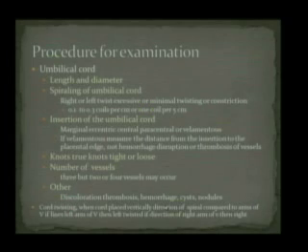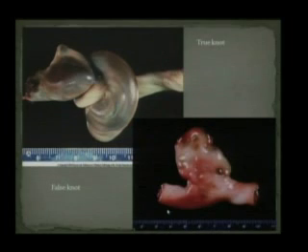You just put the umbilical cord, doesn't matter which end is proximal facing you or distal, and then you look at the lines. If you make a V and the lines are going this way, then it's a left-handed twist on the side of the V. If the lines are going this way, it's a right-sided one, and it will work whether it's proximal or distal. So, easiest way I found of doing that.